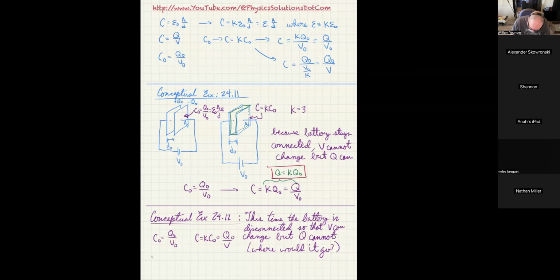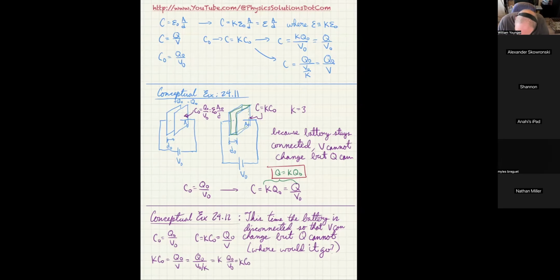So now we've got K times C0 equals Q0 over V. And the only way we can actually make this equation work is if we replace the V with V0 over K. And then you'd see by division, Q0 divided by V0 over K becomes K times Q0 over V0, which is K times C0.